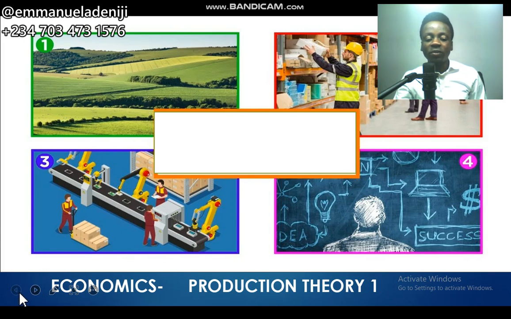Let's talk about a fixed input. A fixed input is an input whose quantity cannot be varied or changed or altered in the short run as the firm seeks to expand its output. When a firm seeks to expand its output or produce on a larger scale, the firm may not be able to change the quantity or the capacity of its plants and equipment.